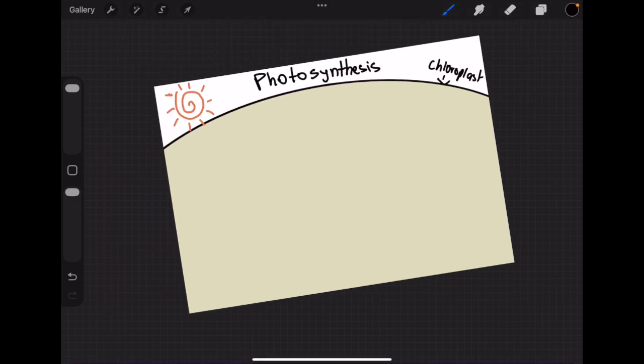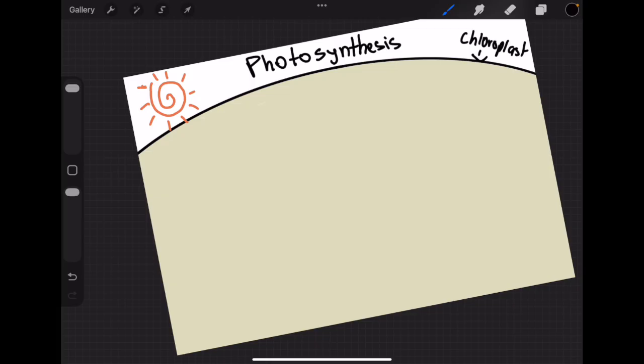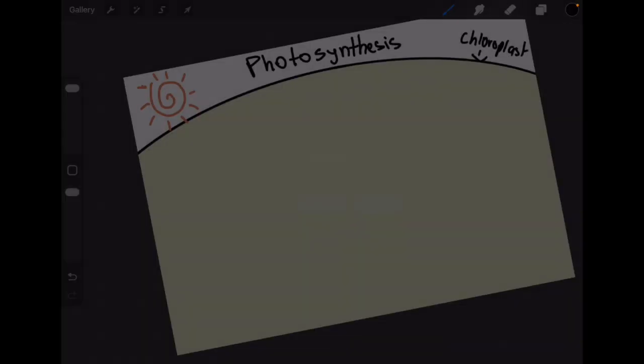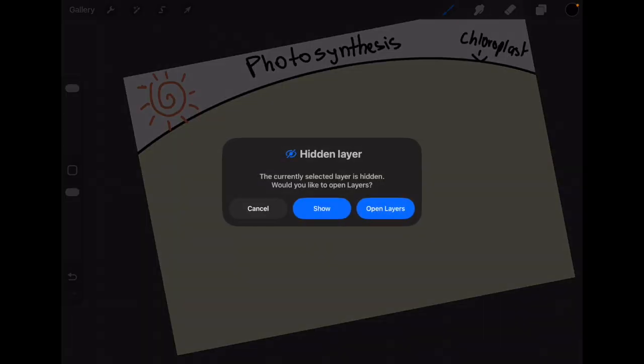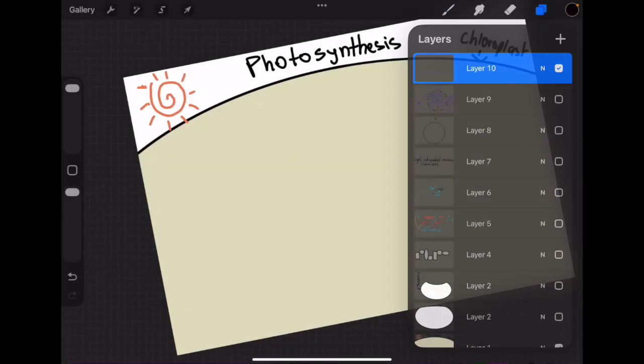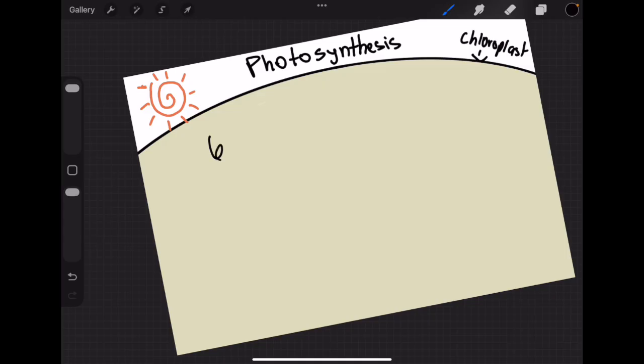But before we start photosynthesis, let's talk about the equation for it. For photosynthesis, we start off with 6 molecules of carbon dioxide, CO2, plus 6 molecules of H2O, plus some light energy from that sun that I've beautifully drawn.